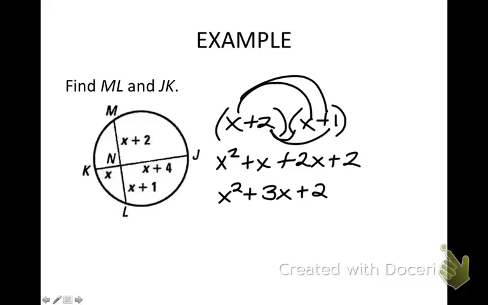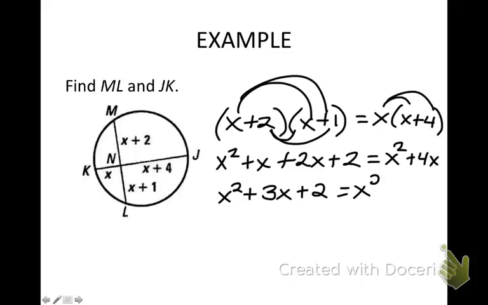All right, so there's the product of that chord's segments. Now let's go to the other side. Here I have chord KJ, so the product of these two is going to look like x times x plus 4. When you distribute that x, what do we get? x times x is x squared. x times 4 is 4x.